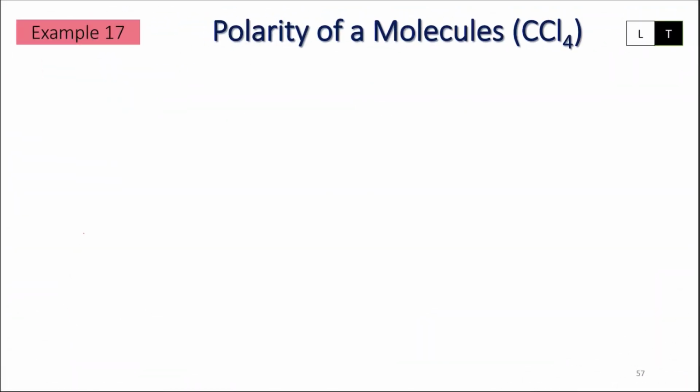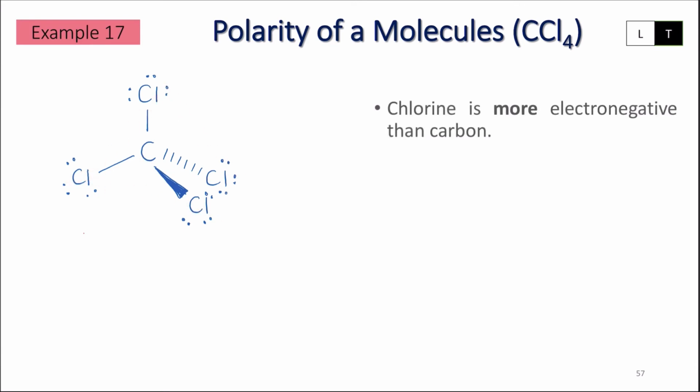Now, we go for CCl4. CCl4, first, draw the Lewis structure and then deduce the molecular geometry for CCl4. We can understand it is tetrahedral. So, kalau korang nampak dekat sini, central atom is carbon and you got 4 same terminal atoms which is chlorine. And chlorine is more electronegative than carbon.